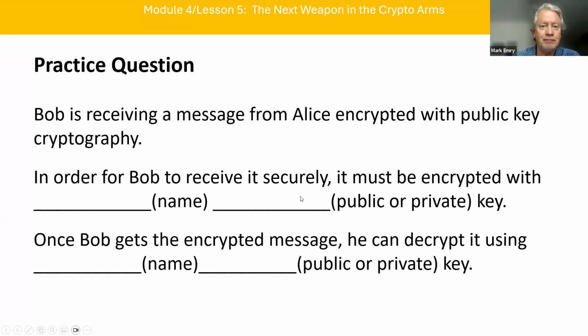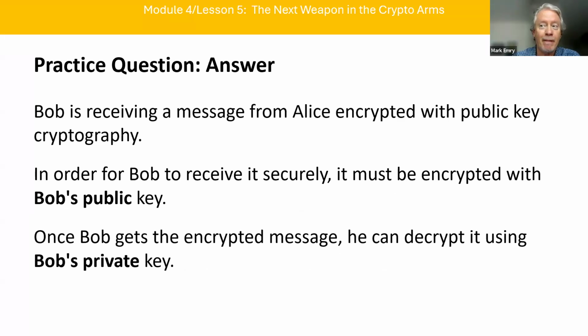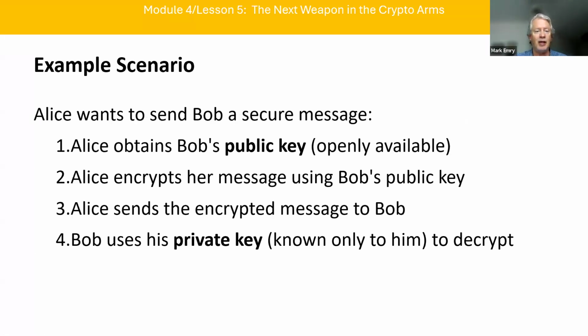There we go. So you'll see that in order for Bob to receive it securely, it must be encrypted with Bob's public key. Once Bob gets the encrypted message, he can decrypt it using Bob's private key. So you see, only the person receiving the message needs to protect their private key.